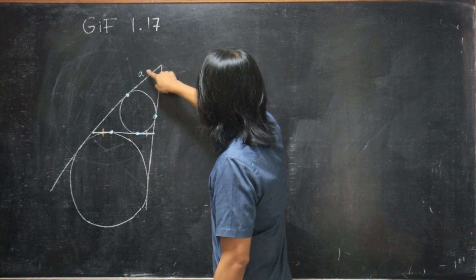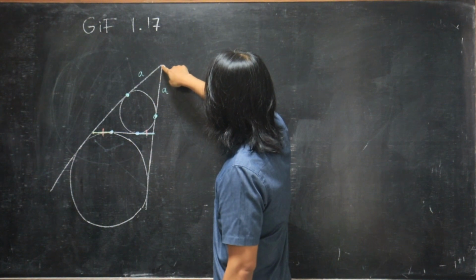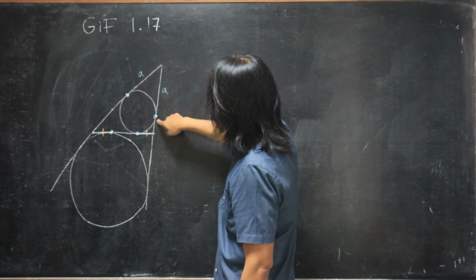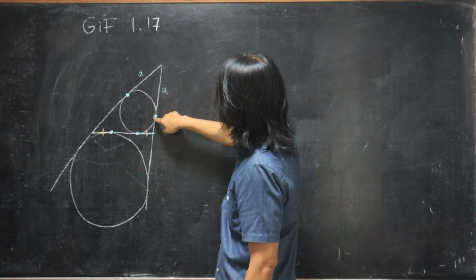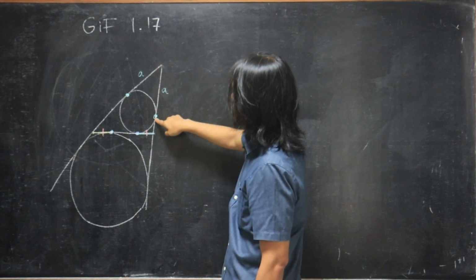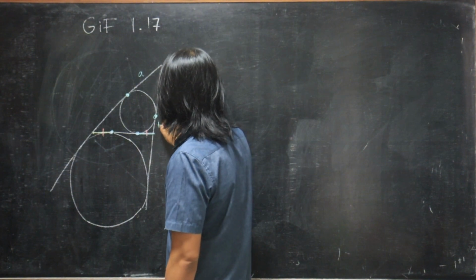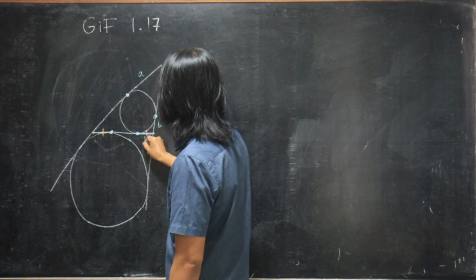Because that A is the distance from that point to the tangent point, which is the same as the distance from that point to that point as well. If this is B, that should be B as well.